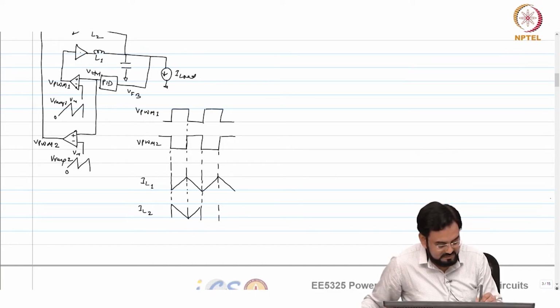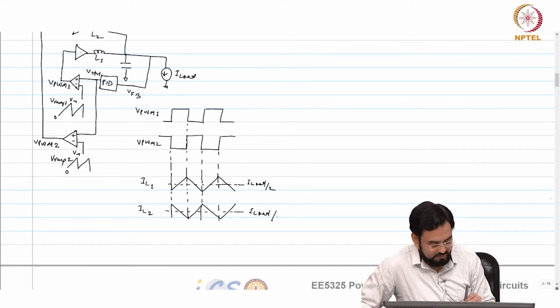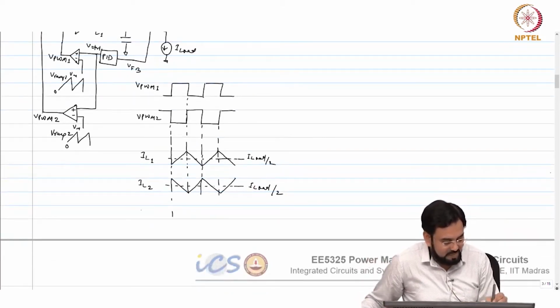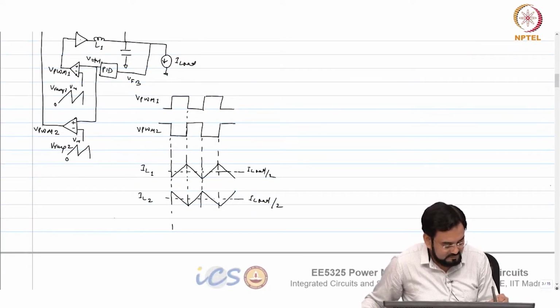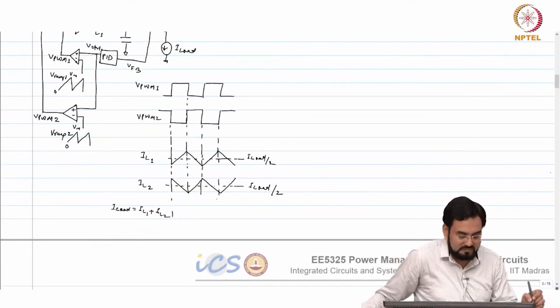Then what is the average? What is the average of this? I load by 2. I load by 2. So, if I add the 2, correct, what will happen?